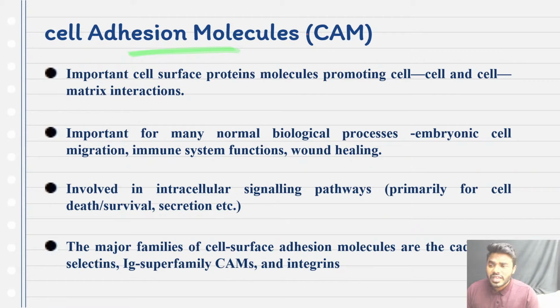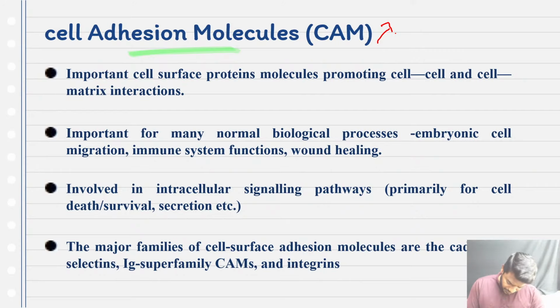Now listen to me very carefully, friends. Why does communication have to occur? As I already told you, for division, differentiation, for apoptosis, and even, friends, listen carefully, if an embryonic cell wants to migrate. Let's consider our WBC cell. Our WBC has to migrate every single time, because you know very well WBCs are not restricted to one particular area.